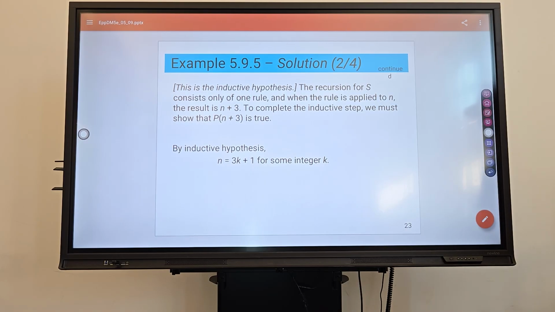By the inductive hypothesis, n equals 3k plus 1 for some integer k.